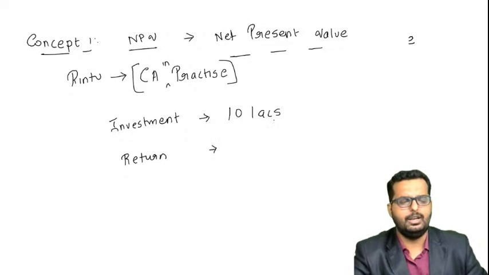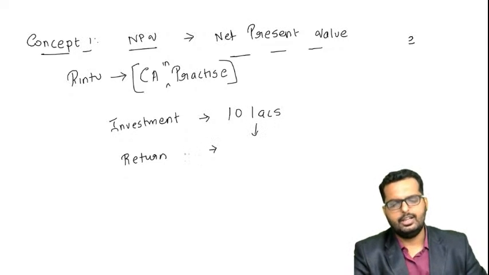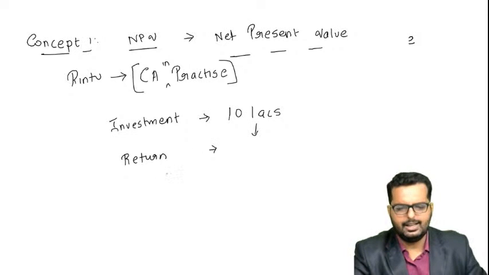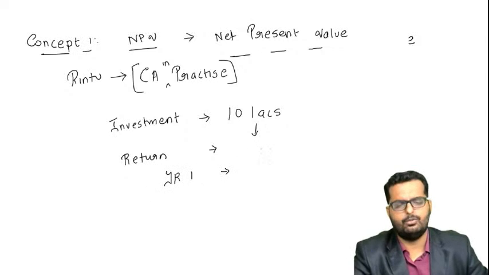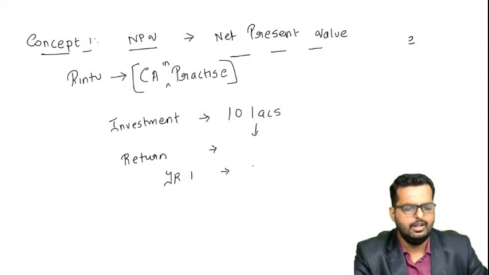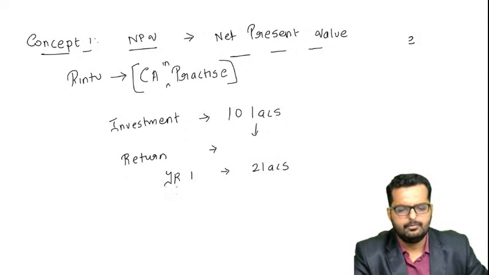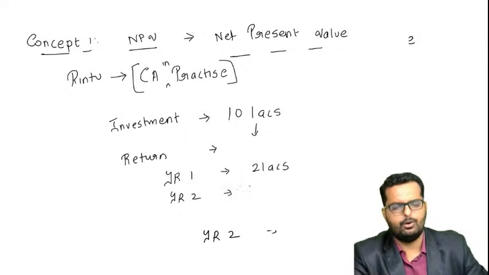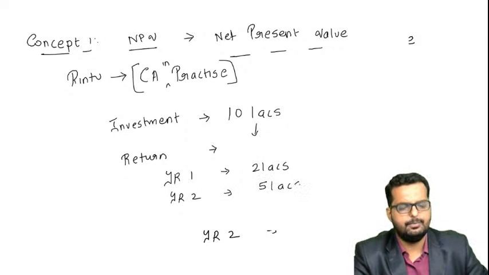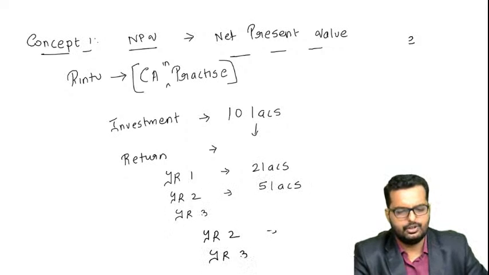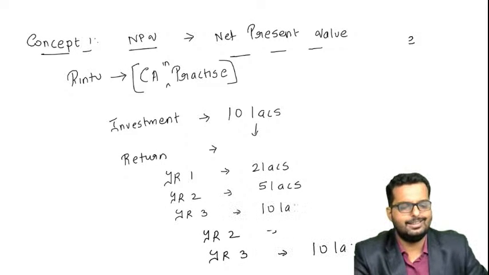Once he puts this money into the business, he'll start getting returns. Let us say in year one, he is making a cash profit of 2 lakhs. Year 2, he is making a profit of 5 lakhs. Year 3, he is making a profit of, let us say, 10 lakhs.